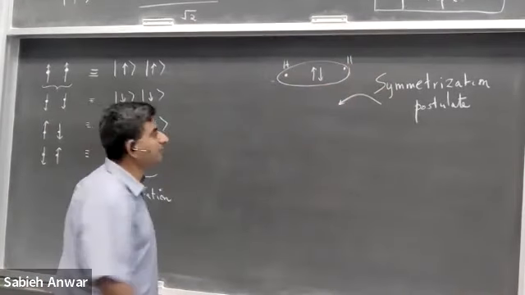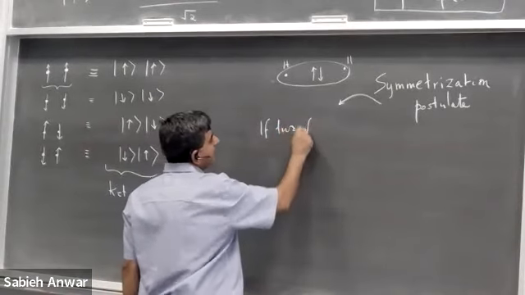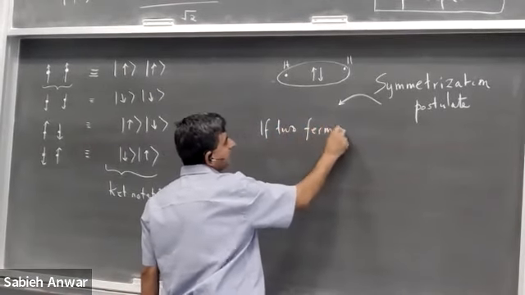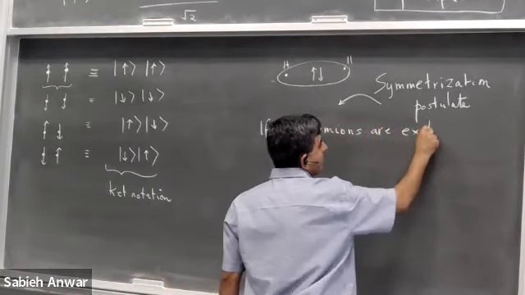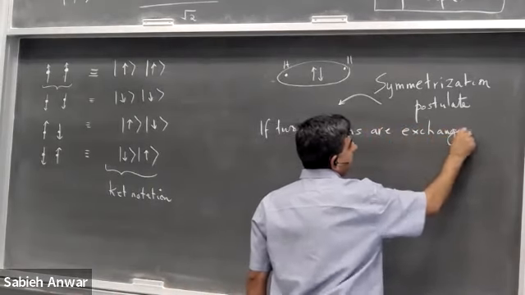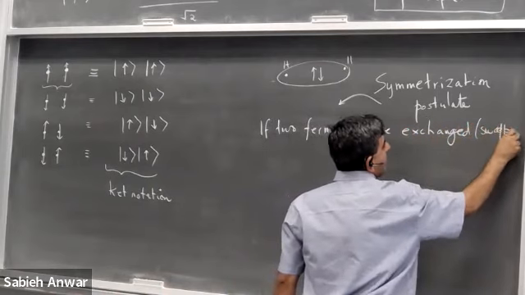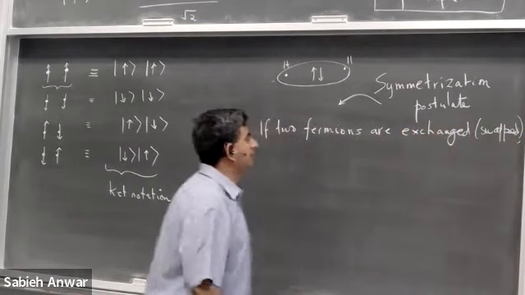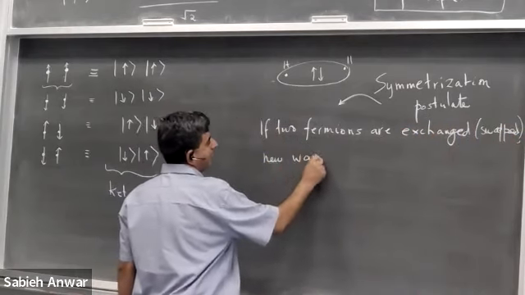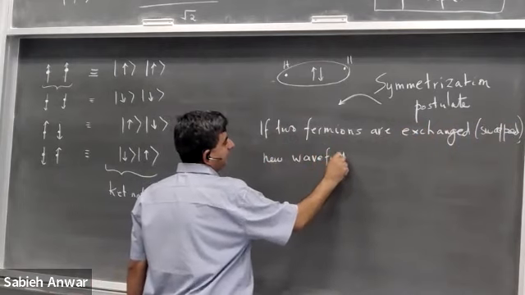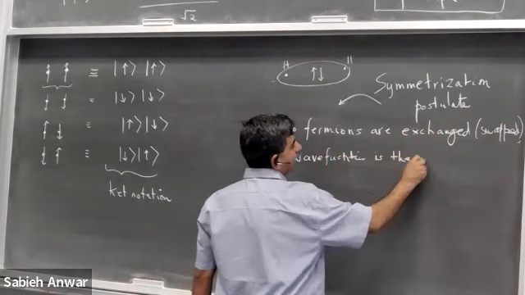The symmetrization postulate states that if two fermions are exchanged, which means they are swapped, then the new wave function is the inverse of the original.